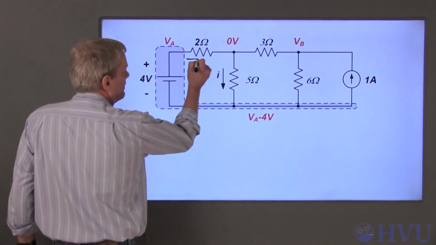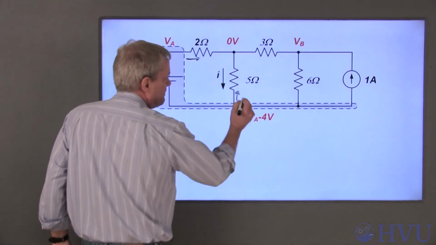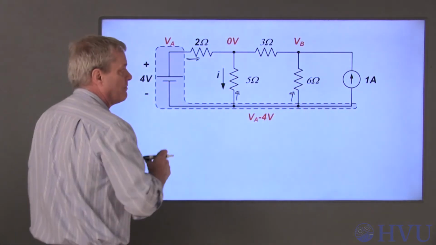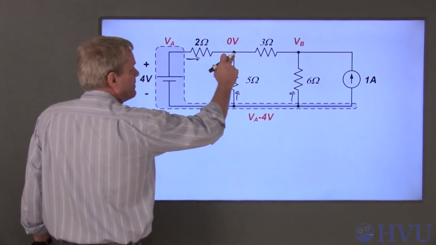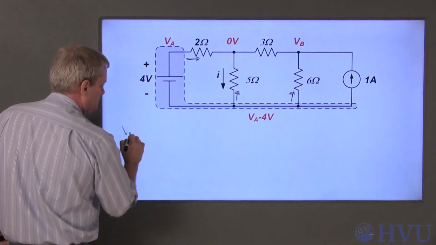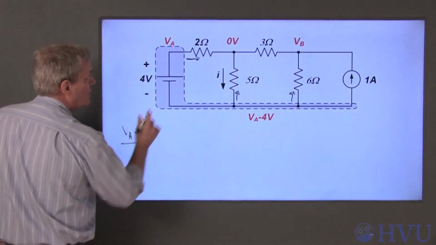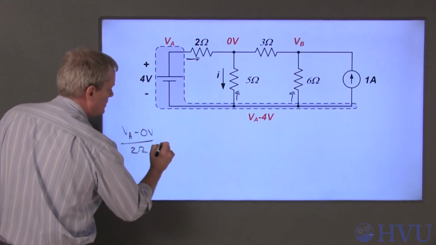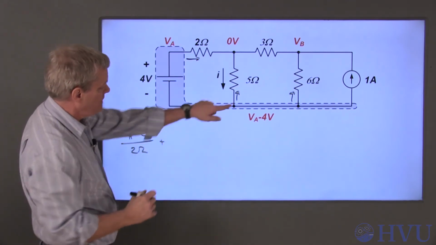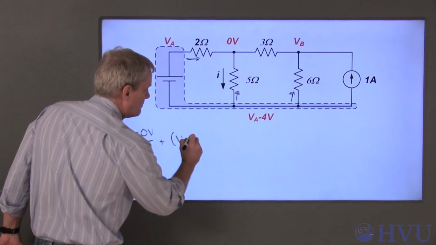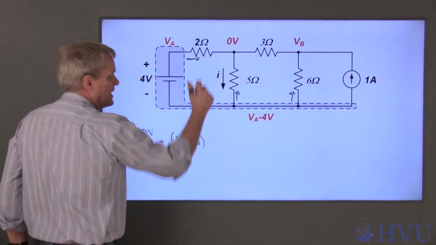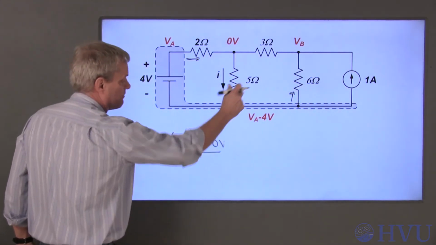KCL at the supernode, if I assume all of the currents are leaving the node and that those currents are the positive direction, this one is VA minus 0 over 2 ohms. Plus this current is VA minus 4 volts minus 0 volts over 5 ohms.